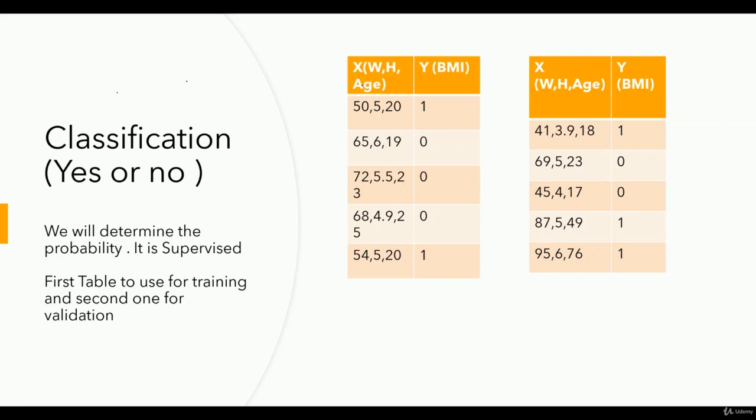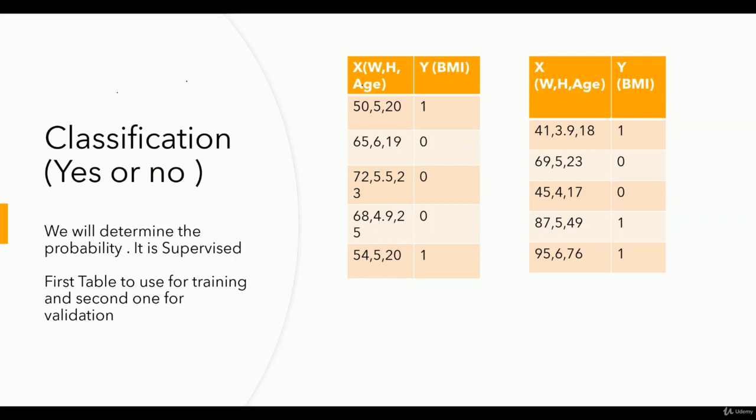Supervised means that every data is labeled. We're going to discuss more about that, but for now, supervised means that every data here is labeled. That is, we are doing training and then validation. So supervised means that we have a subset of data, one for the validation and one for the training.